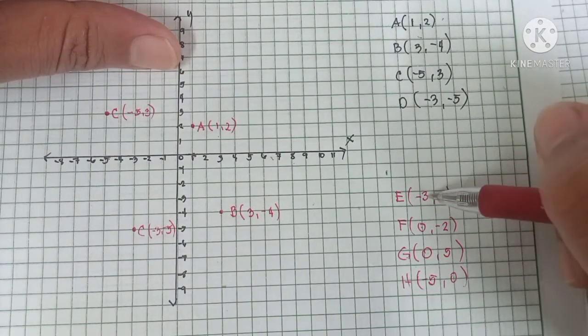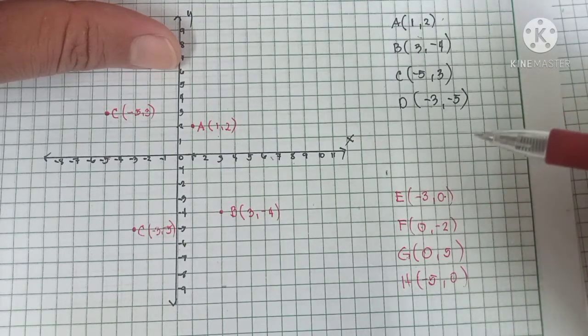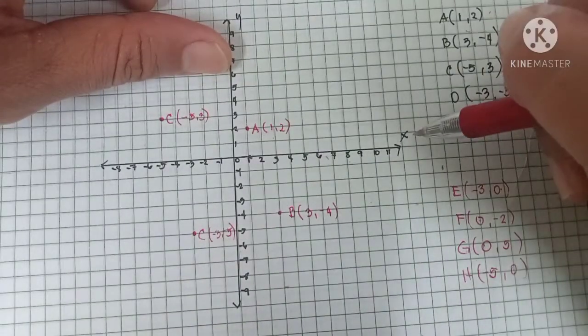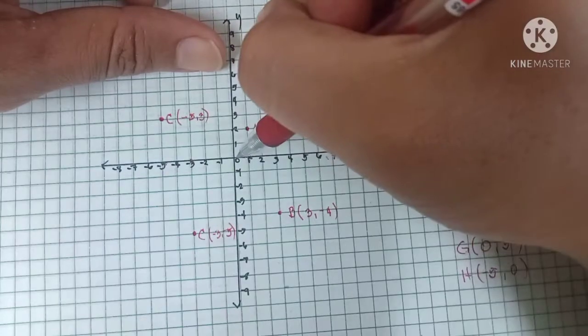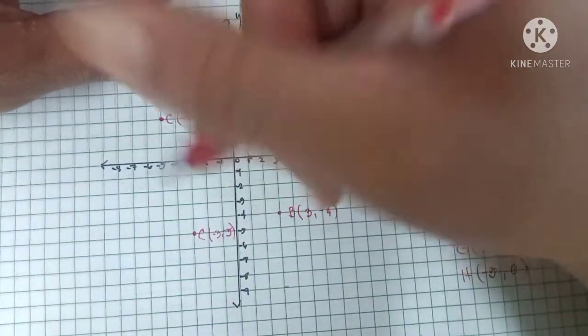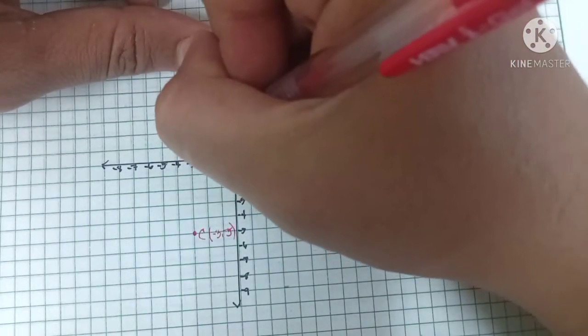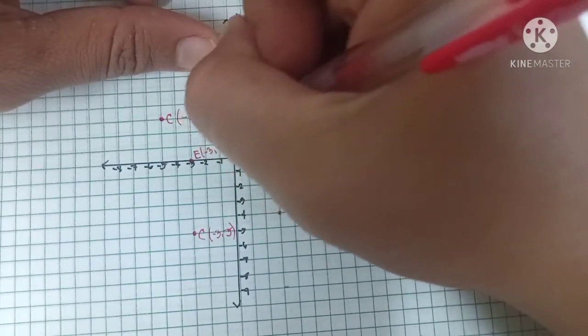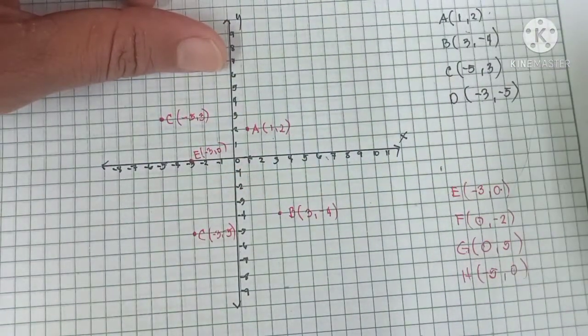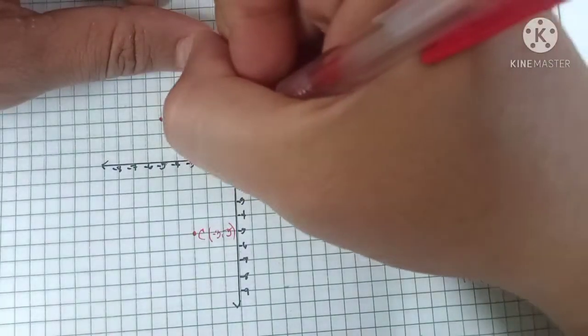So our X is here, and this is negative 3, and since Y is 0, we're not going to move upward or downward. So this is now our point E having negative 3, 0. Okay, this point here.